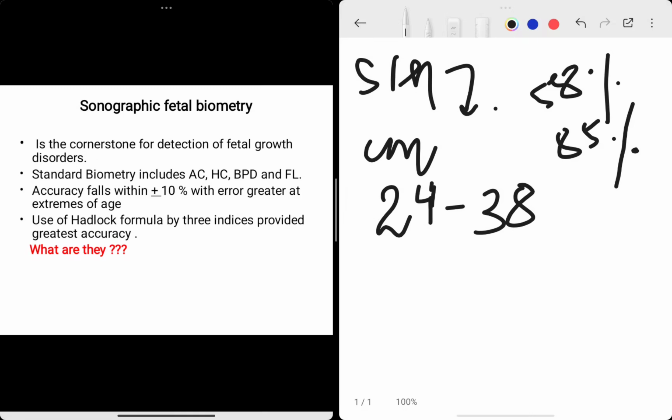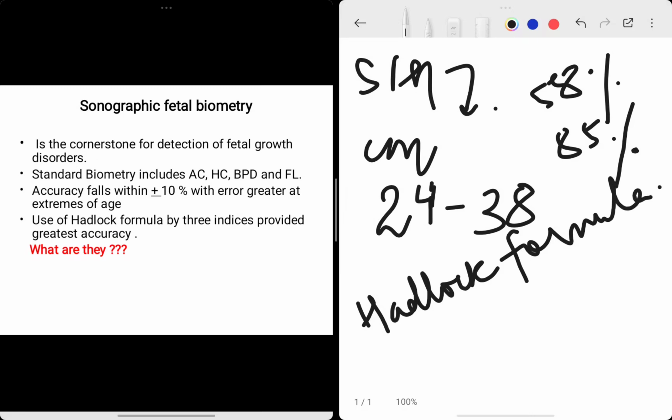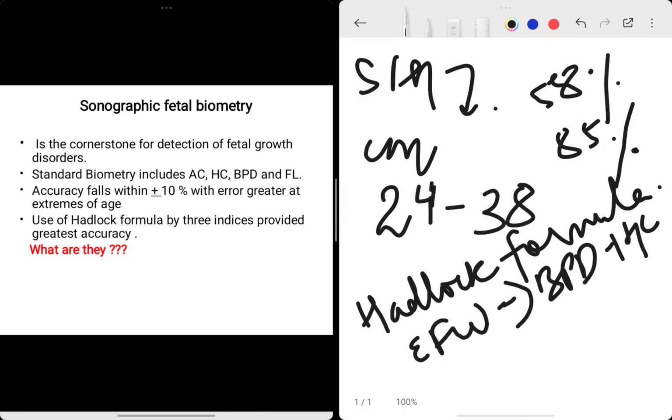This formula is used in the USG machines to calculate the gestational age of the baby, and this Hadlock formula checks the estimated fetal weight by using the BPD, the head circumference, and the abdominal circumference.